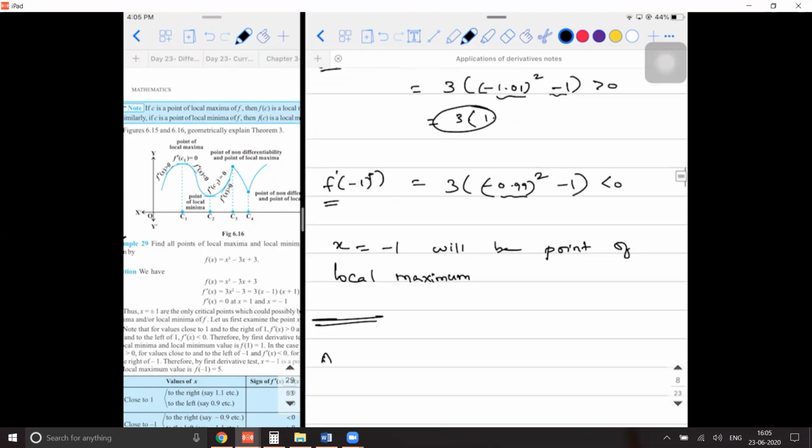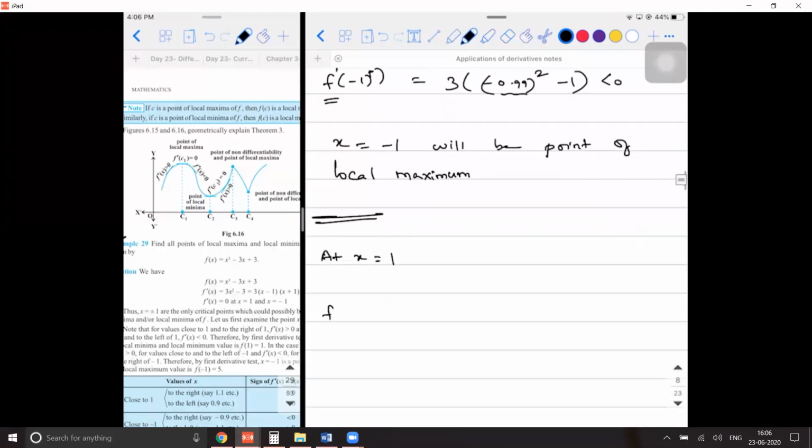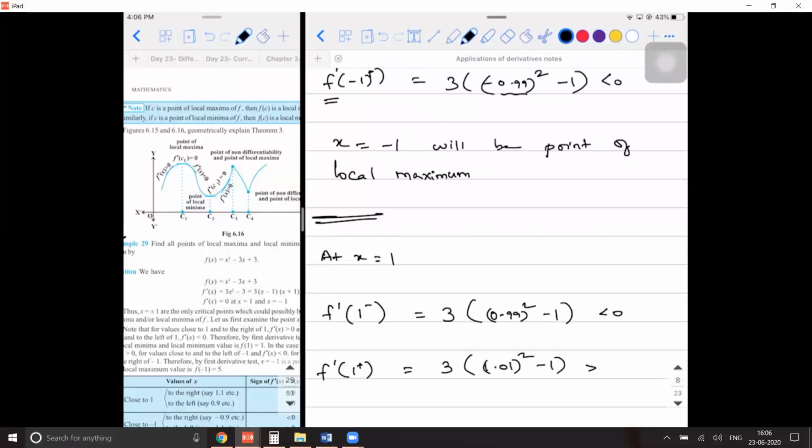Similarly, what is the other stationary point that we got, at x = 1? So f'(1⁻): what can I take? I'll take 0.99. So (0.99)² − 1 will definitely be less than 0. Similarly, f'(1⁺): 1.01 the whole square minus 1 will be a positive value.